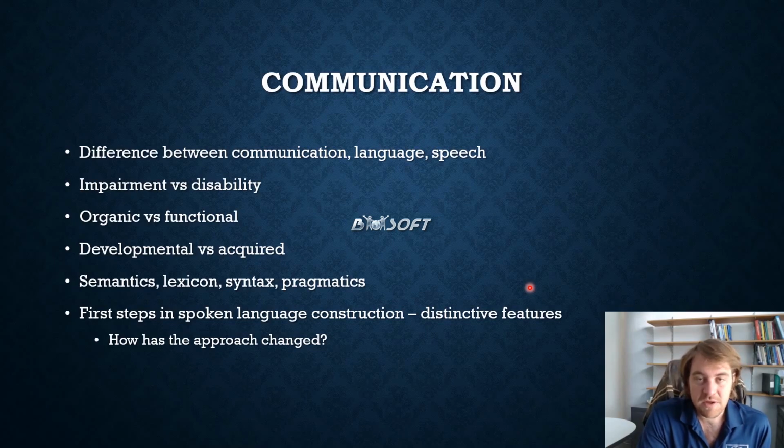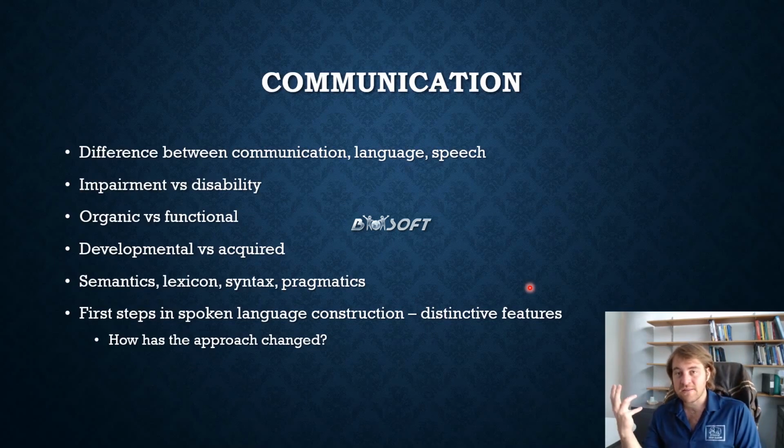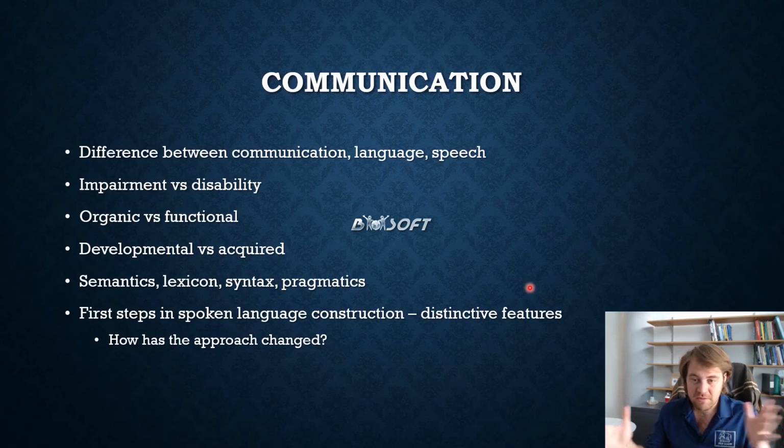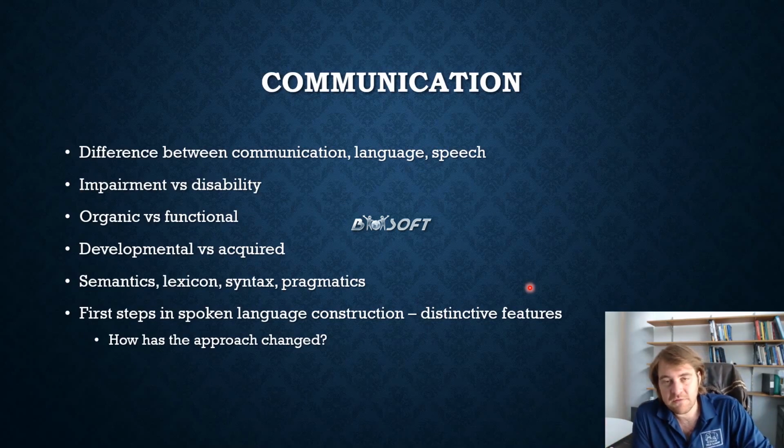Developmental versus acquired, well, here the stroke is acquired. Someone has progressed for some time as a normal communicator, and then all of a sudden something's happened and they're not able to. It doesn't have to be in later life, like strokes are usually in middle age to elderly. At age 5, something can happen.